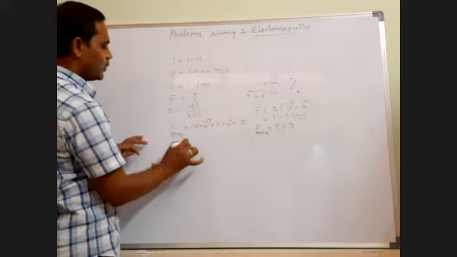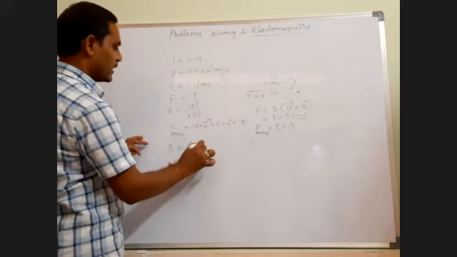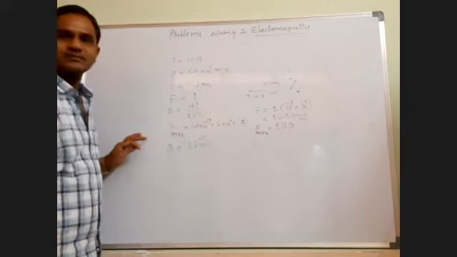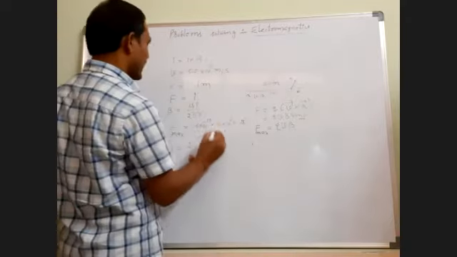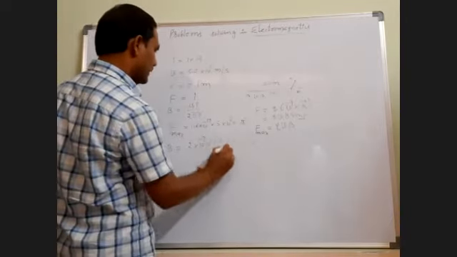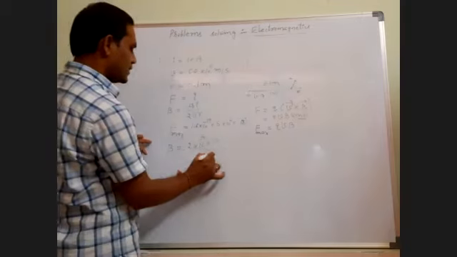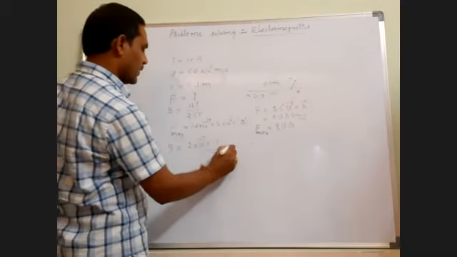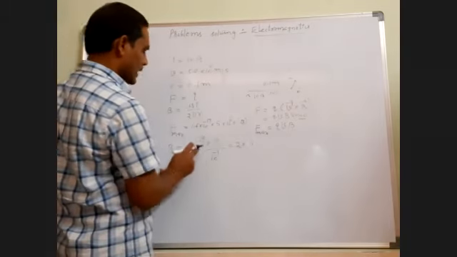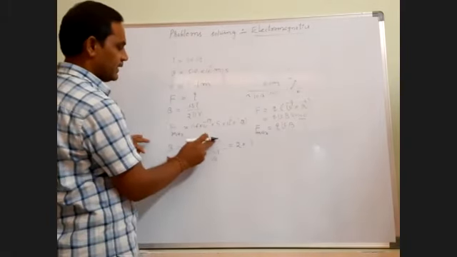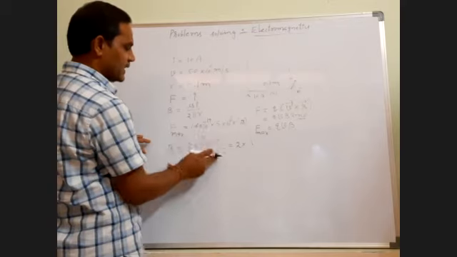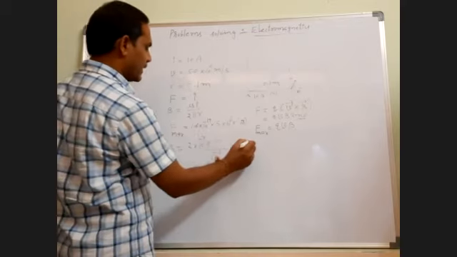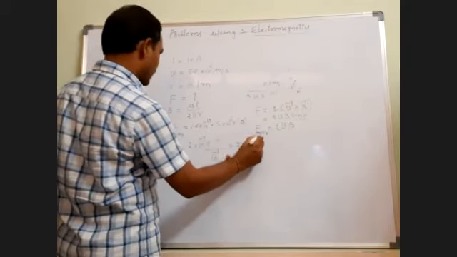Mu naught by 2 pi, how much? 2 into 10 power minus 7, into current 10 amps, by r, 0.1, 10 power minus 1. So this is equal to 2 into 10 power minus 7, 10 power minus 6 in the numerator, 10 power minus 1 in the denominator, you will get 10 power minus 5.